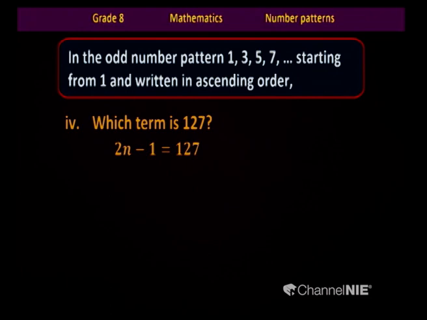Once again it is a simple equation. By now you know how to solve a simple equation. Solving it means we have to have the unknown term on one side and move all the other values to the other side. In my left hand side I have 2 multiplied by n minus 1.